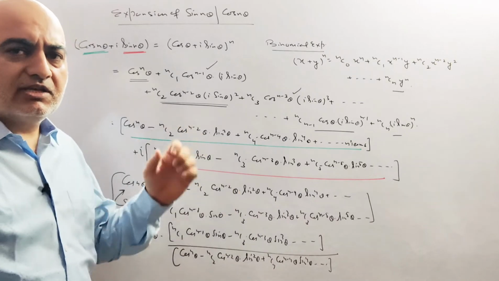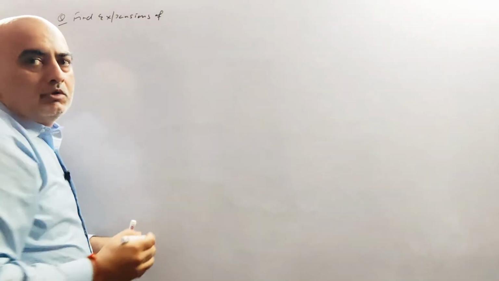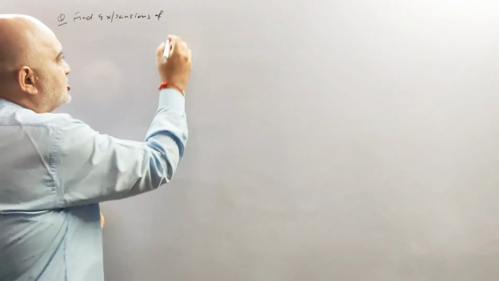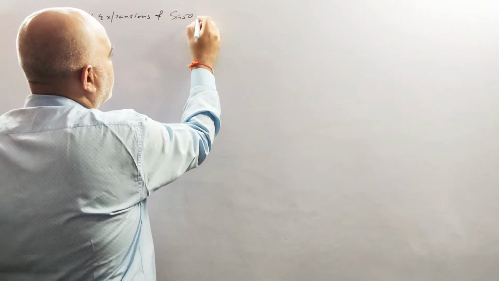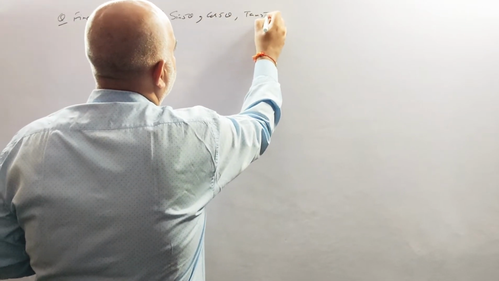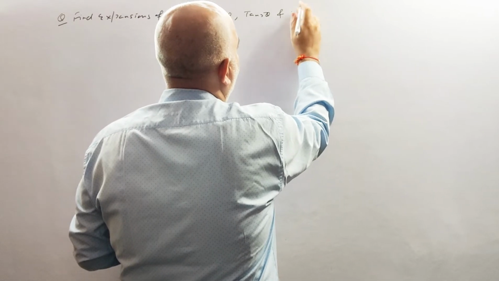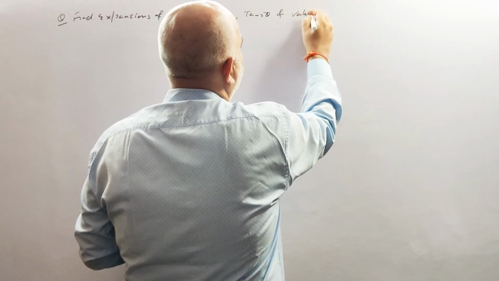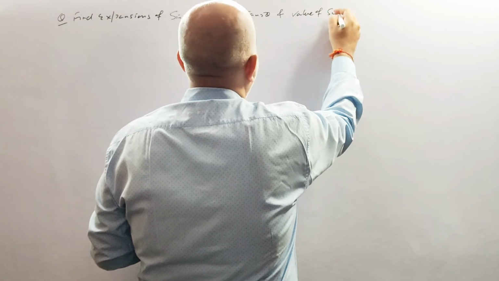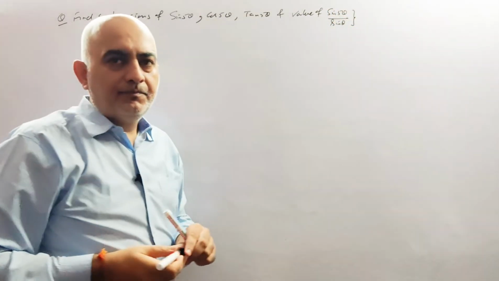So I am discussing one example. Suppose we have to find the expansion of sine 5 theta, cos 5 theta, tan 5 theta, and the value of sine 5 theta upon sine theta.